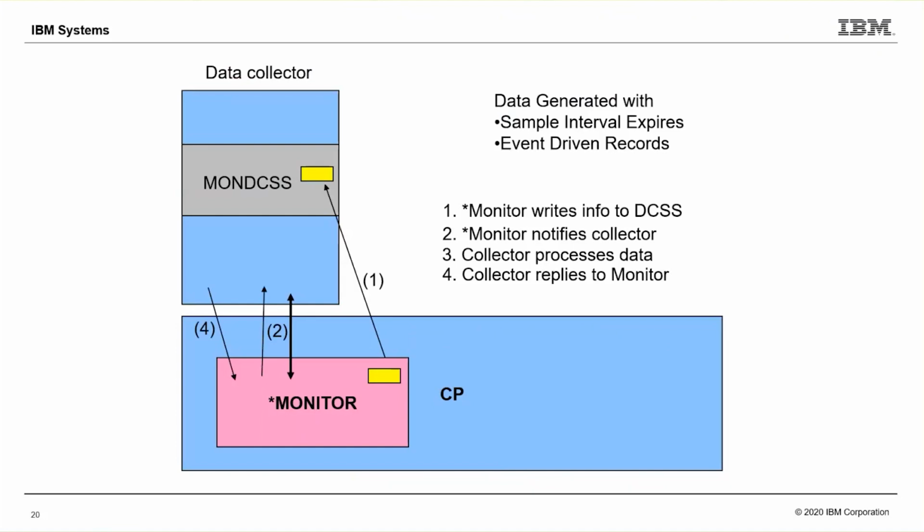Because if both John and I are processing this data in our applications, I might be slow, John's ahead of the game here. Monitor's going to say, Bill, we're sorry, you're out of luck. I have new data. I've run out of space in the DCSS. I have to reuse that, so I'm going to do that, right? And so I would get a special communication back that says, you know what, I'm purging that data that was there. You need to get over it, right?